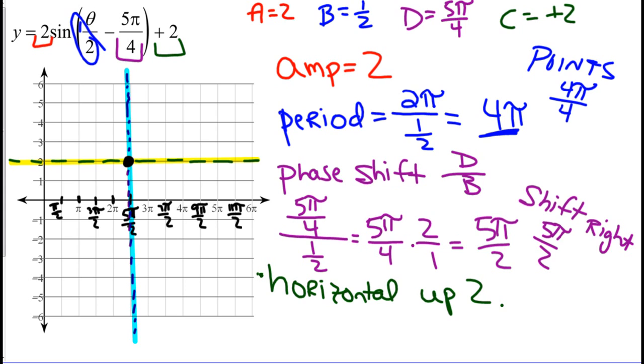Whatever the period happens to be, whether pi over 2 or 7 pi over 8, you are always going to divide it by 4. So that means we need a point every pi. Now, remember, sine starts on the line. So our first starting point is on the origin.